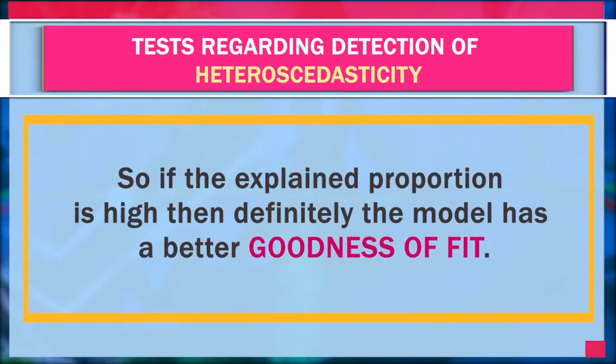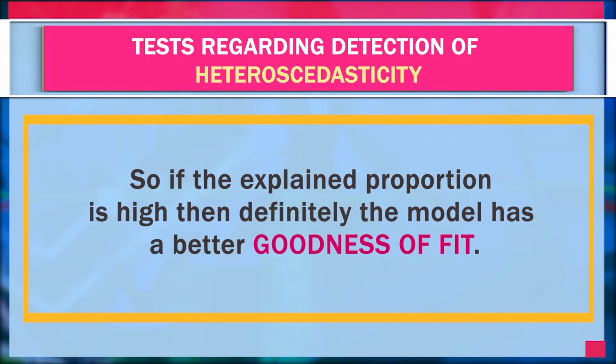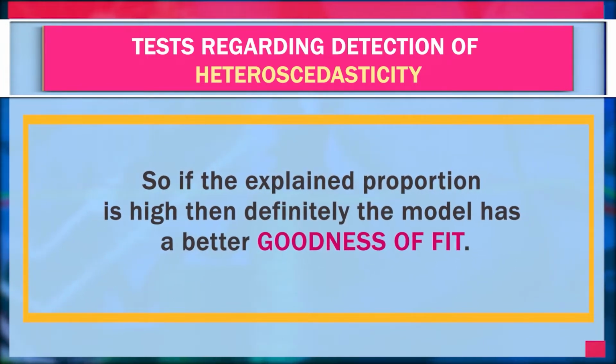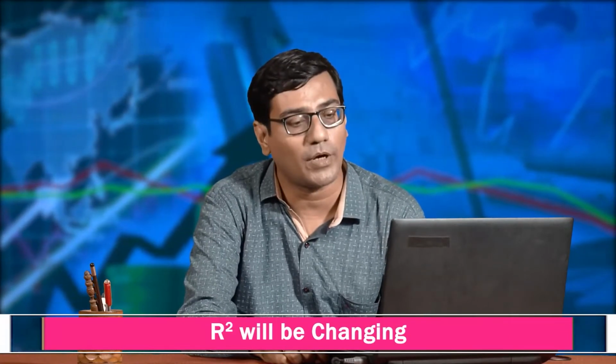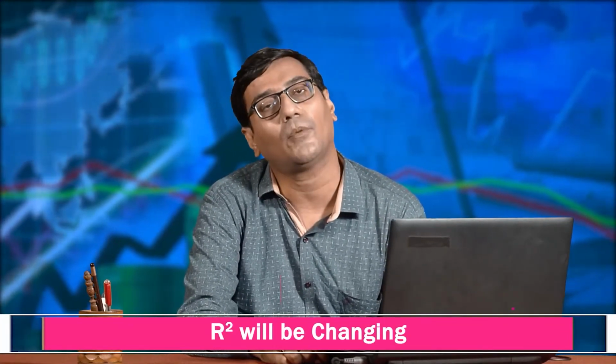If the explained proportion is higher, then definitely the model has a better goodness of fit. So we want to find out whether the goodness of fit is better at low values or at high values, because if the goodness of fit is changing, definitely the R square will be changing, and the problem exists.